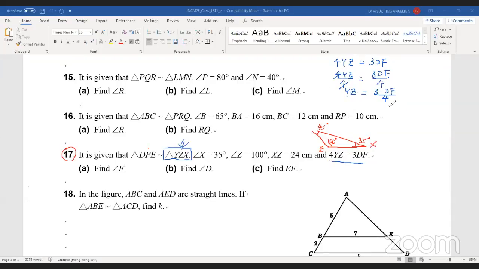Therefore, in this case, I want to have YC divided by DF here, which is 3 times DF over 4, divided by DF. Can you see that? This DF comes from this one.